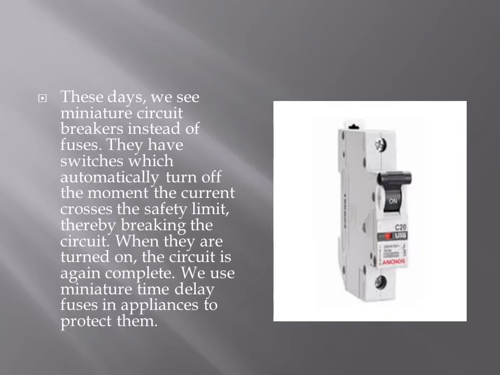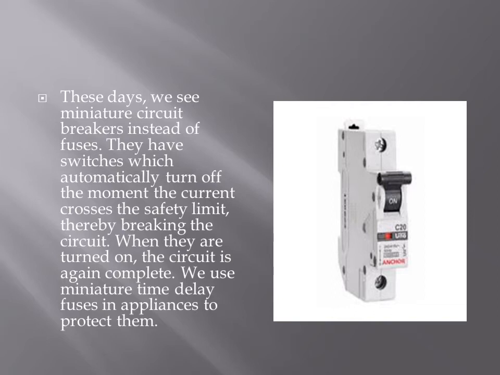Children, here you can see the diagram of an MCB. These days, we use miniature circuit breakers instead of fuses. They have a switch which automatically turns off the moment the current crosses the safety limit, thereby breaking the circuit. When they are turned on, the circuit is again complete.